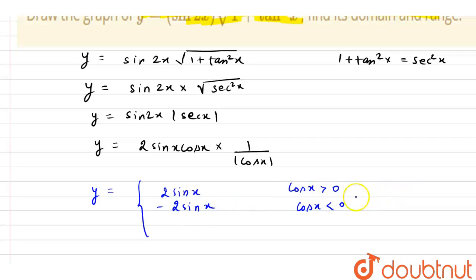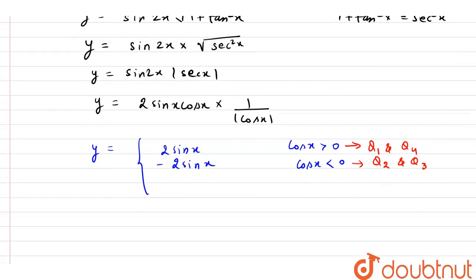Now what we have from here is that if the value of cos x is positive, then x belongs either to the first quadrant or the fourth quadrant, right? If cos x is negative, then x belongs to the second quadrant or the third quadrant, right?